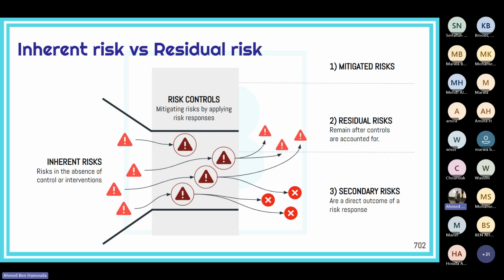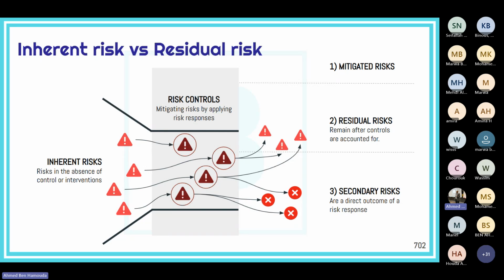And sometimes out of response plans on risks, we can have secondary risks. Once we implement a response plan on a main risk, okay, that response plan will create a secondary risk as a direct outcome of a risk response.